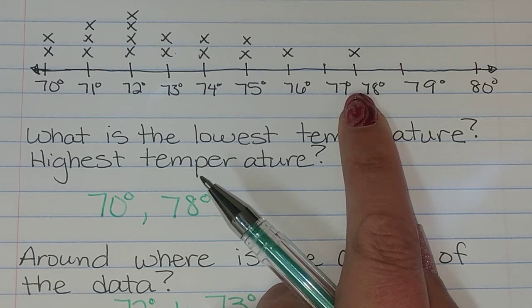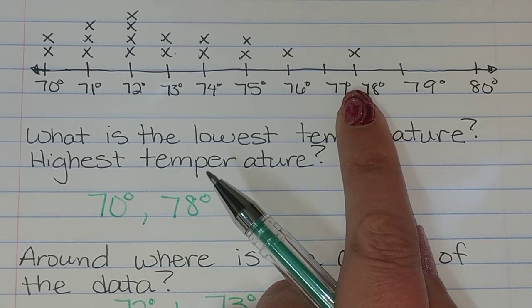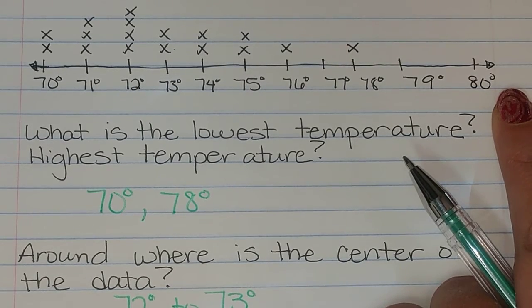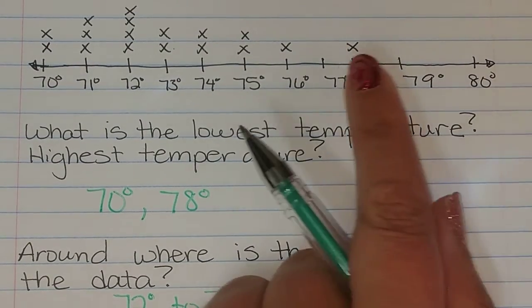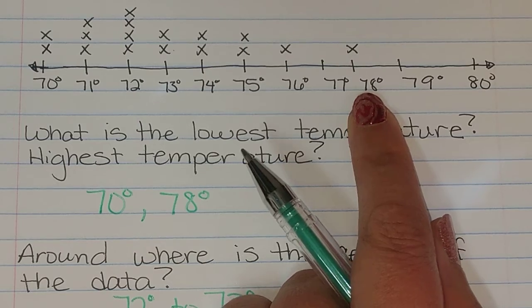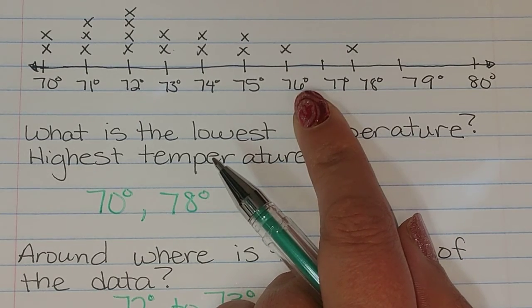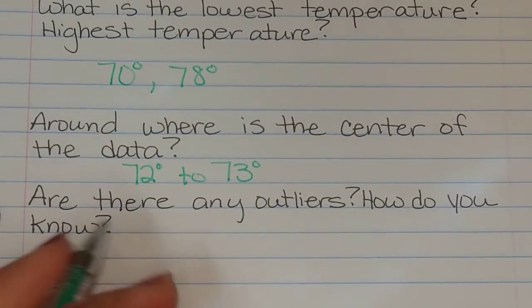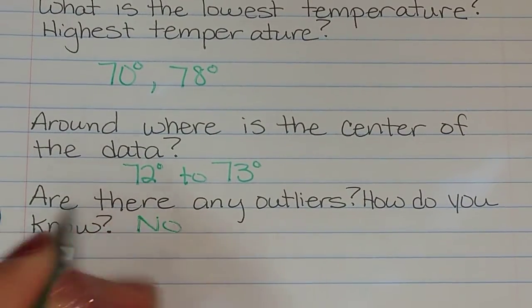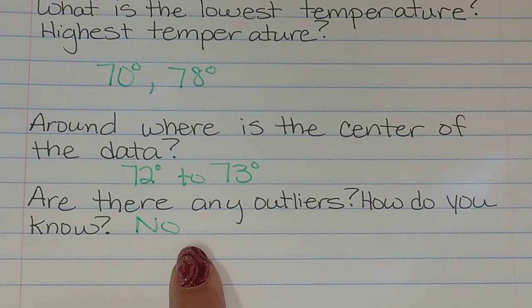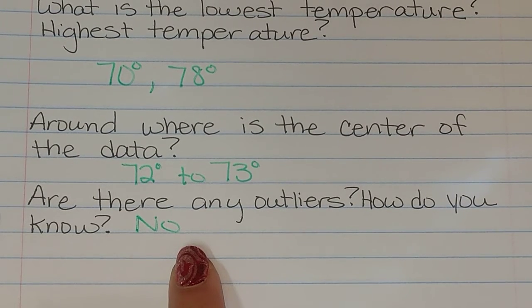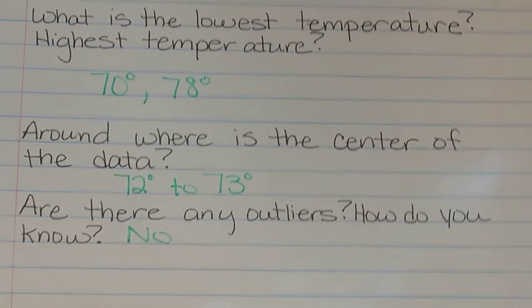If we didn't have anything at 78, and maybe we had another number over here at 84 or 85, that would be an outlier. However, since 78 degrees is not separated from 76 very much, there are no outliers in this problem. So no. And how do we know? Because there's not enough information separating 78 from the rest of the data.